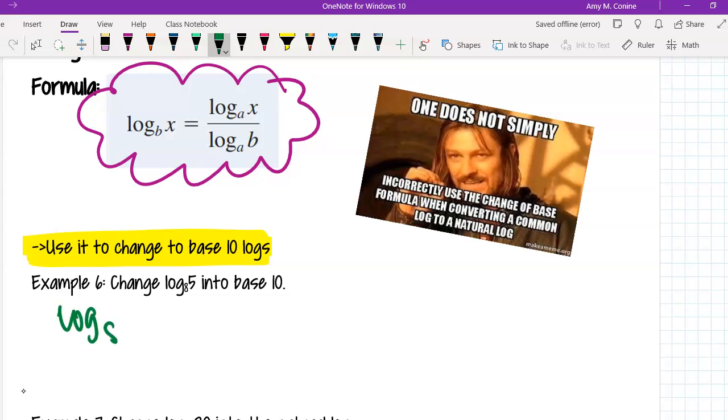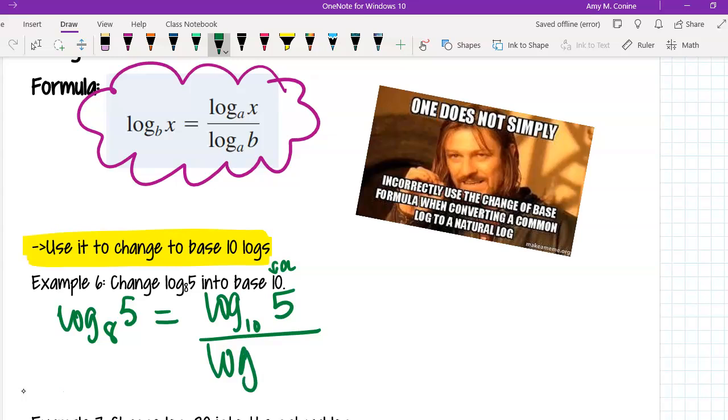So log 8 of 5. So now we're doing this in base 10, so this is our a right here. So log base 10, okay? 5 goes up top, and log base 10 of 8 goes in the bottom. Okay, so this is how you would write it.